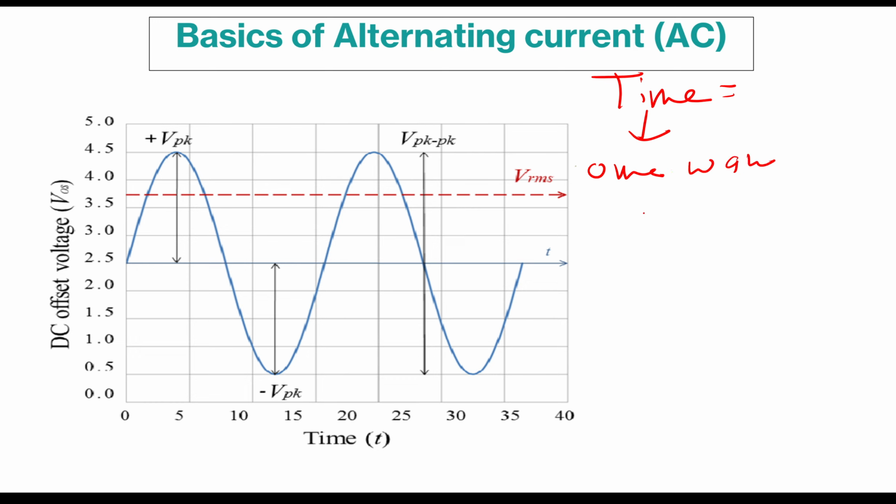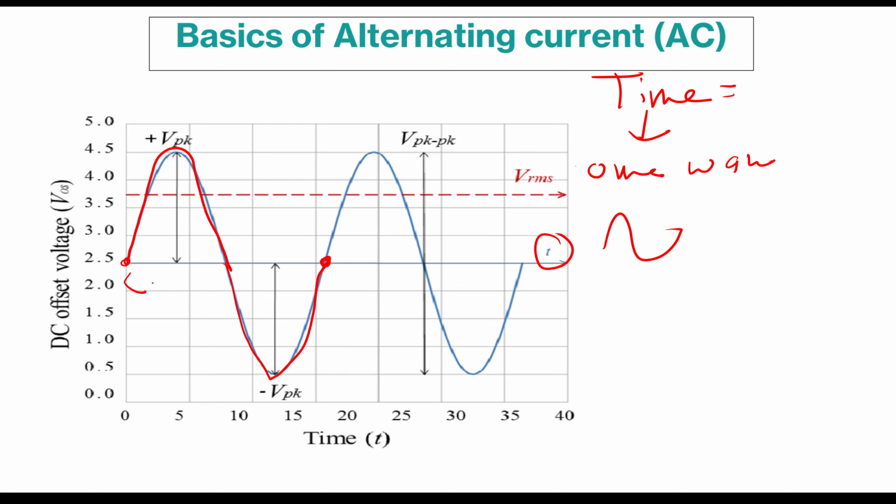There are many ways to identify one wave. For example, this is a timeline, and if I start from here, the wave goes up, this is the positive half, and then it goes down. So this is one wave, from this point to this point.